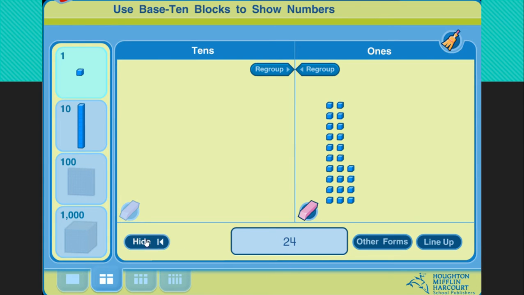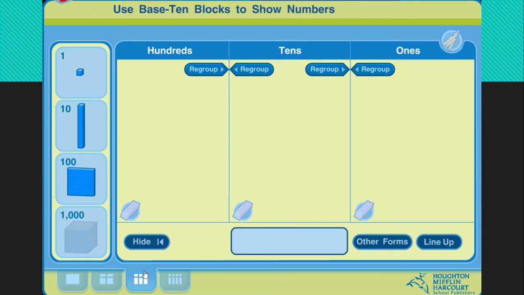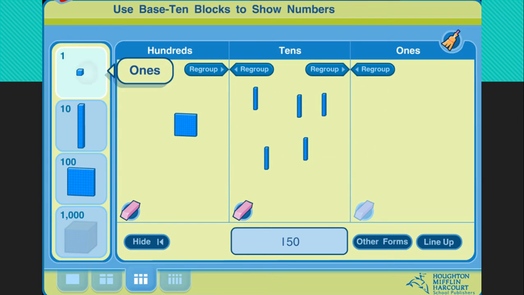Now we're going to do the exact same thing, but this time into the hundreds. Now we have 100, 5 tens, and 3 ones. We're going to regroup our 100. We know that in 100 there are 10 tens.